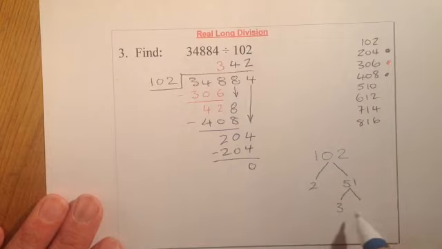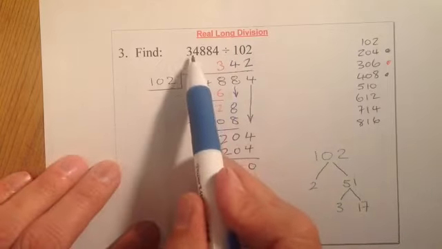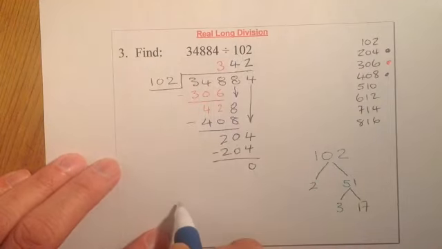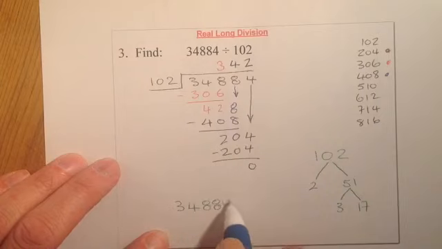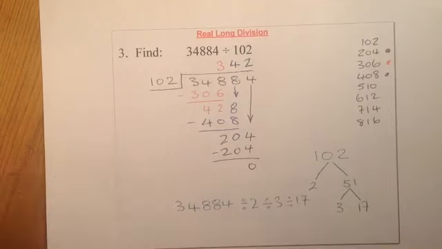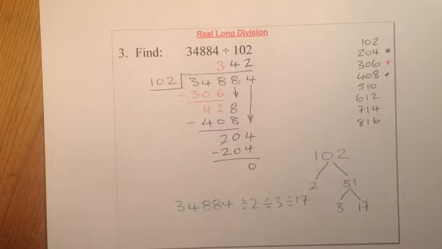I could do that 3, and that would be 17. So what I could do, instead of working out that number divided by 102, I would have 34,884 divided by 2, first of all, get an answer, divide by 3, get an answer, divide it by 17. So there's another option that we could use, because these numbers all multiply together to get us up to 102.